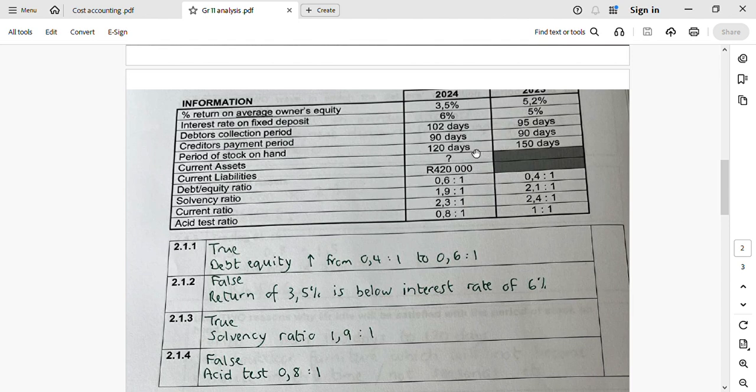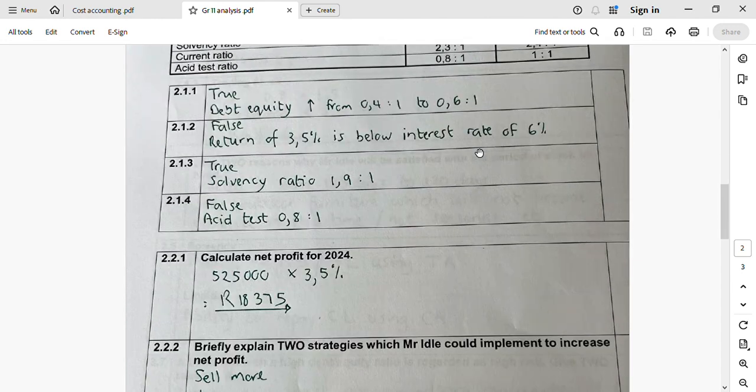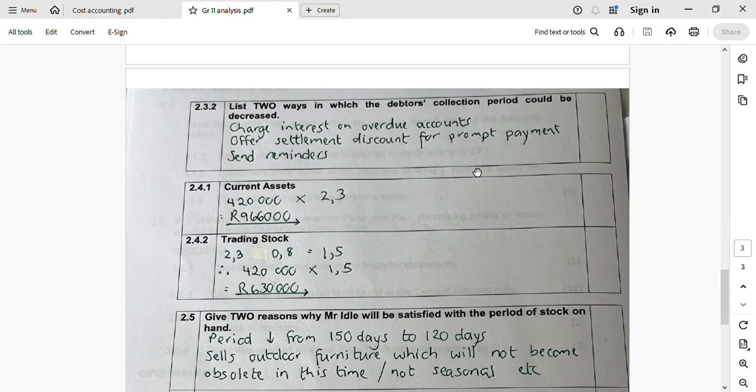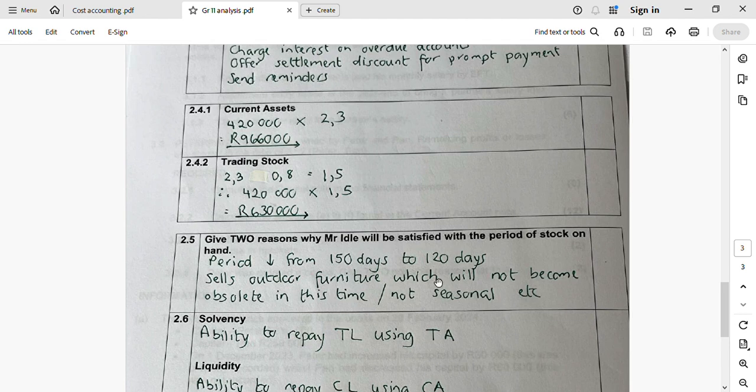The second thing as well is because you're selling luxury items, they're not necessities. The fact that the stock is sitting in the store for about 3 months, 4 months is not that bad. So what I wrote here is the decrease from 150 days to 120 days, and that outdoor furniture is not going to become obsolete in that time. It's not seasonal and so on.